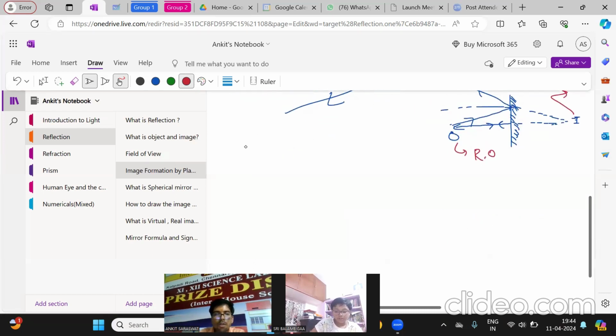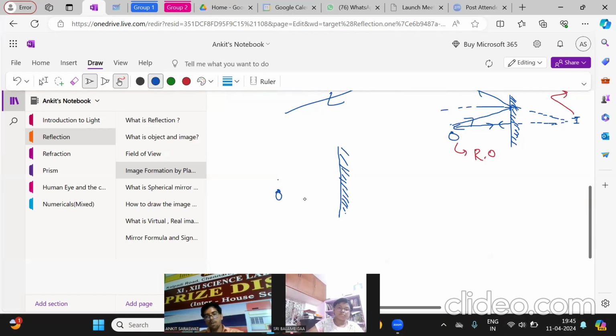No doubt, sir. So you will notice here, if you want to draw any image, what is the first step? For example, this is a plane mirror, and this is the object.